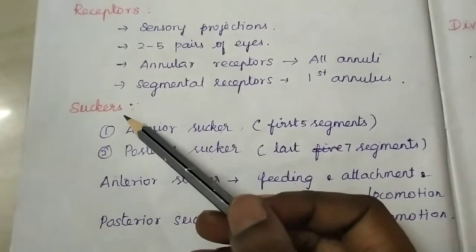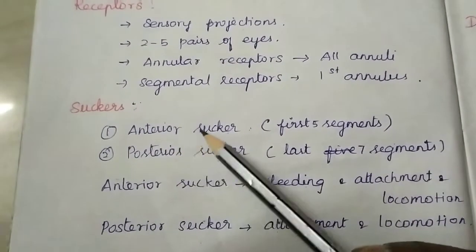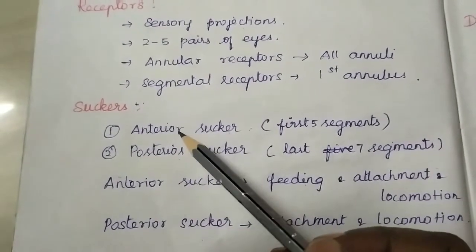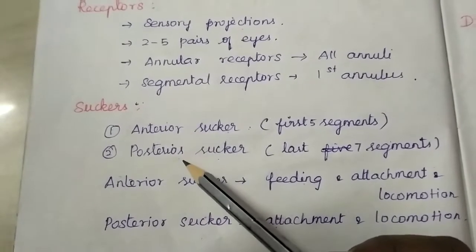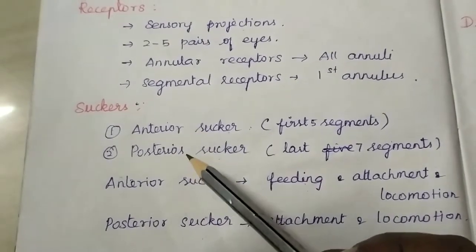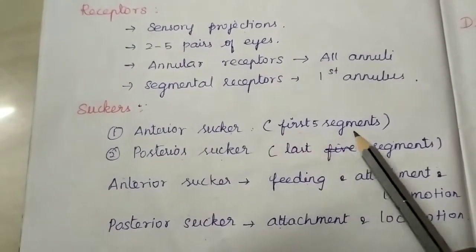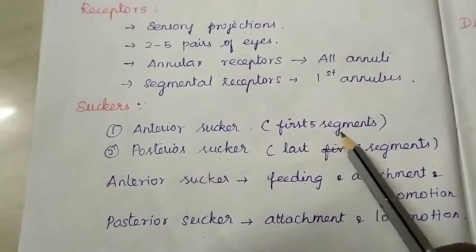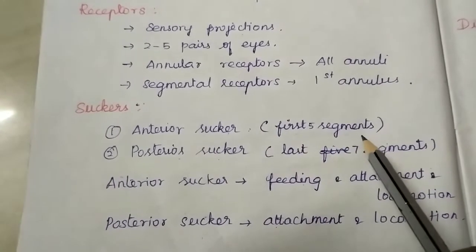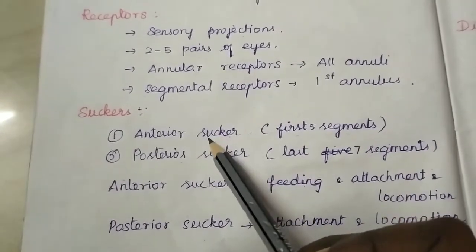Next part is sucker. Leech consists of two suckers. One is anterior sucker, another one is posterior sucker. Anterior sucker is present in the first 5 segments. The first 5 segments of the leech fuse together and form the anterior sucker.